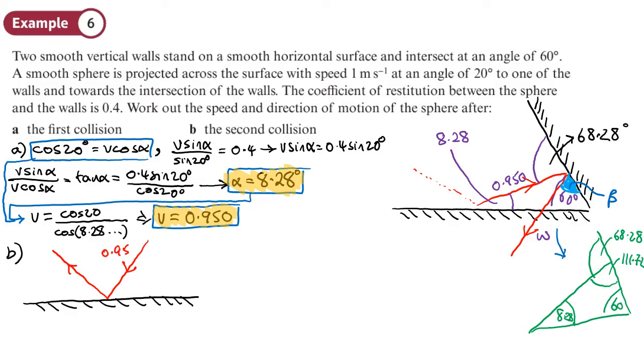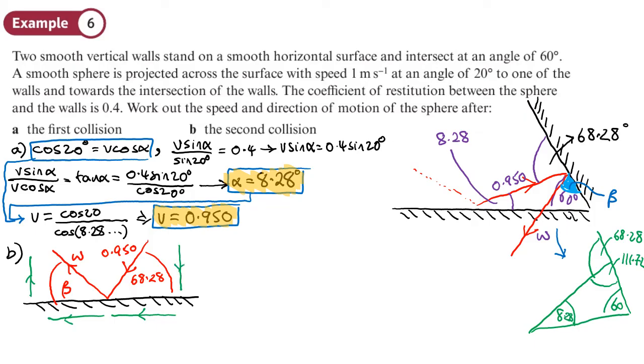0.95. This angle we worked out here is 68.28, and we're calling this angle beta, and we'll call this W. So let's put our components on here. Oops, wrong way. Got to get the direction right. So here, one here, one here.